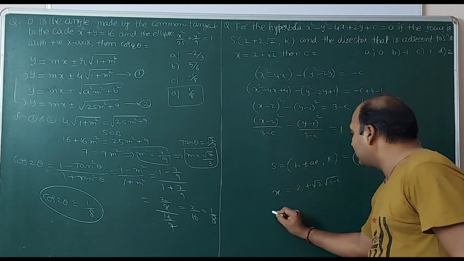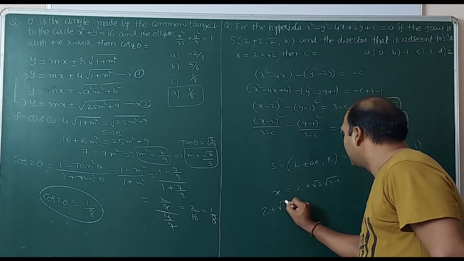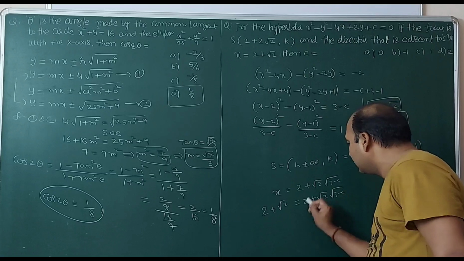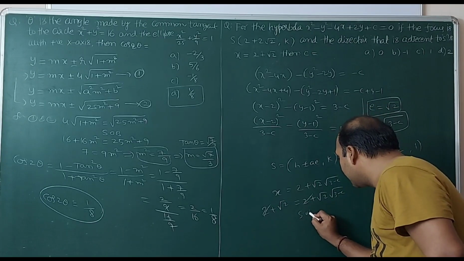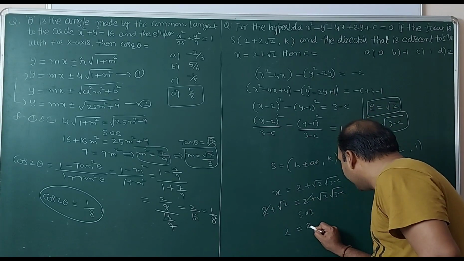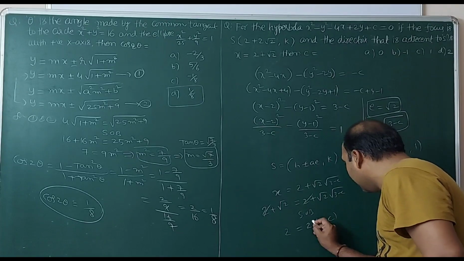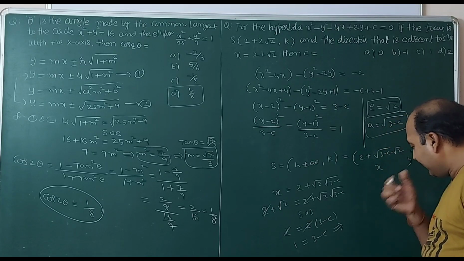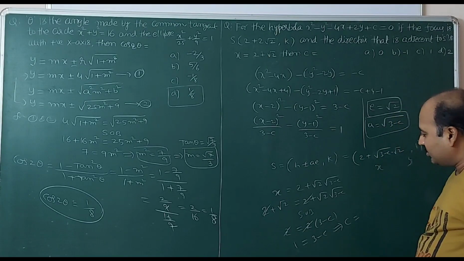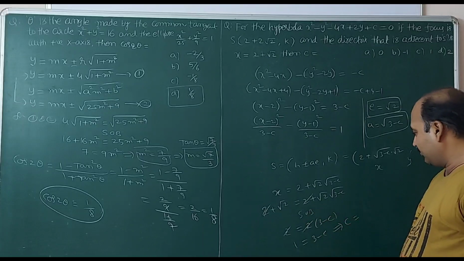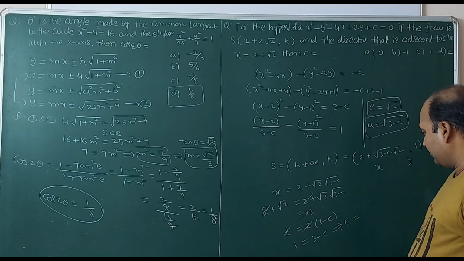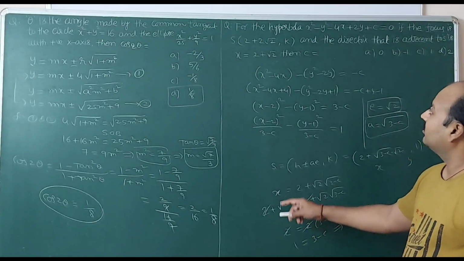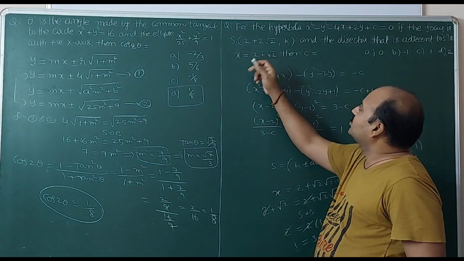So x value is given as what? 2 plus root 2 is equal to 2 plus root 2 into root 3 minus c. So squaring on both sides, 2 equal to 2 into 3 minus c. So 1 is equal to 3 minus c. c is equal to... so here also I want x is equal to 2 plus root 2 is given.